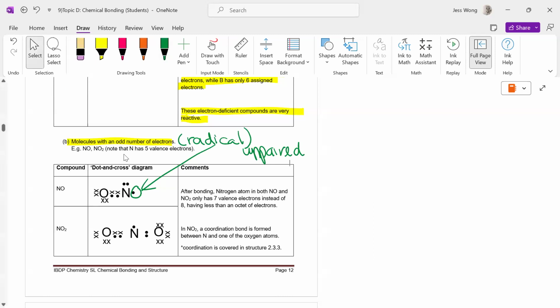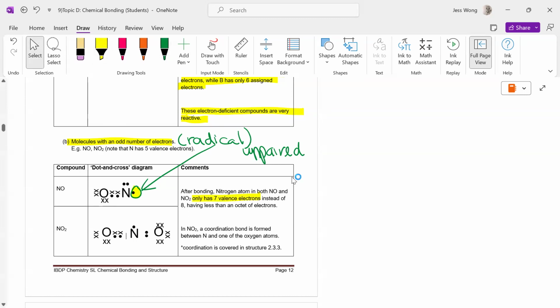Because nitrogen has 5 valence electrons and is not able to accommodate beyond 8 electrons, it's quite common for it to have less than 8, such as 7 valence electrons, with an odd one that is unpaired, which we call a radical.